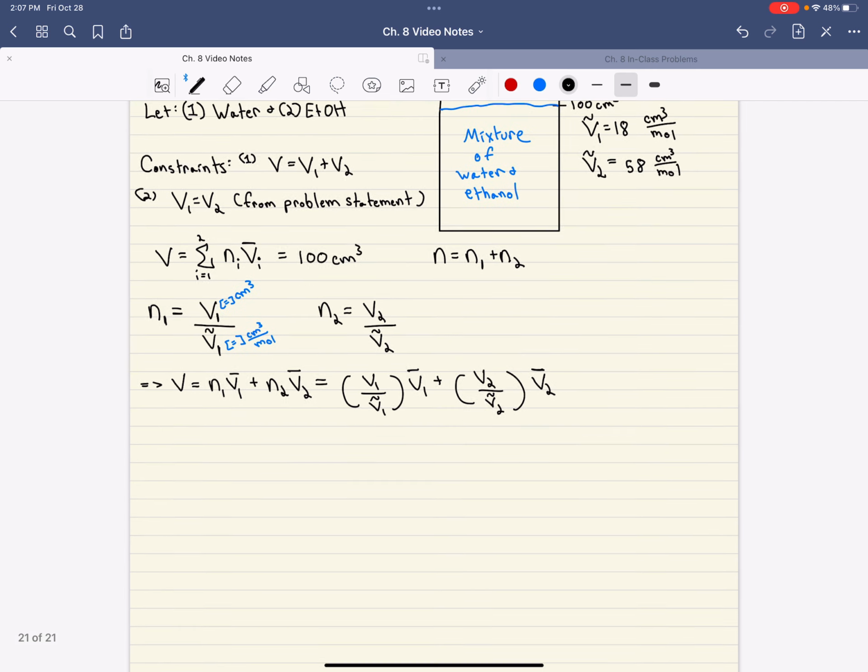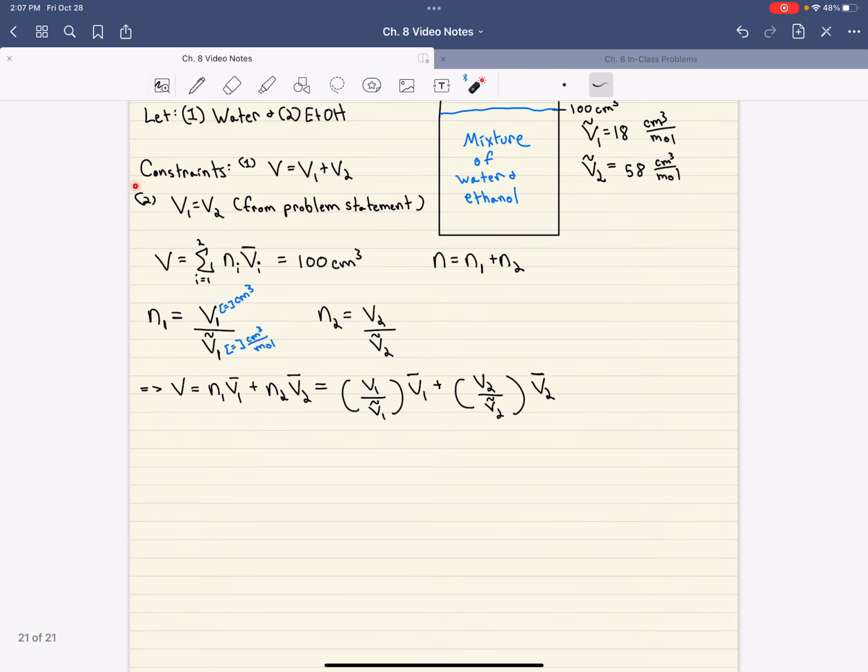And from our engineering constraint, we know that V1 is equal to V2. Okay? And so we could actually just factor out the V1, and we get V1 times V1 bar over V1 molar plus V2 bar over V2 molar. Right? So all of this is going to be equal to V.